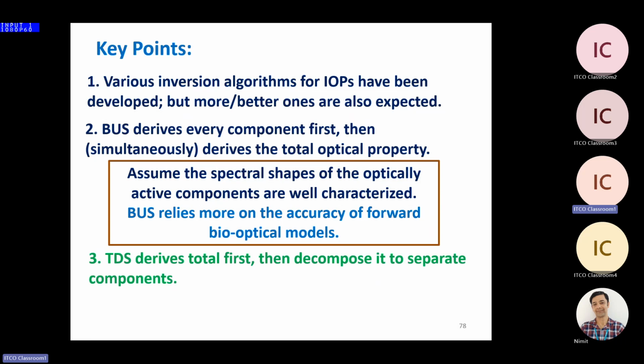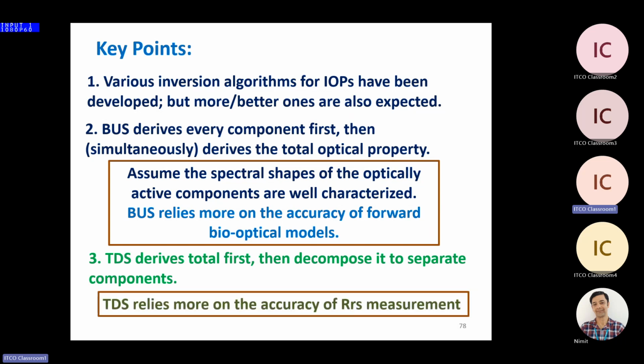For the top-down strategy, you get the total first, then decompose into the other components later. It really depends on necessity. For some applications, if you don't need aph and adg, then you stop at the total a, or total bb. But for this kind of process, it depends on accuracy, because we are doing an exact calculation of bbp at the reference wavelength.